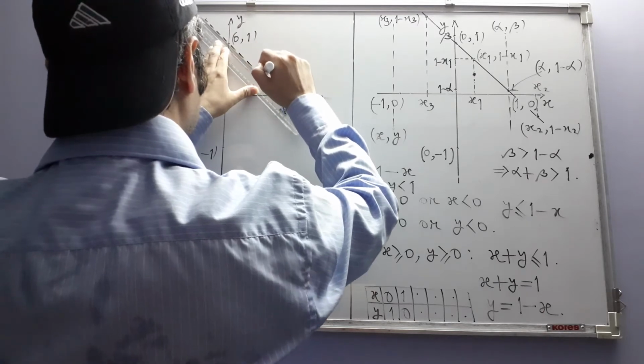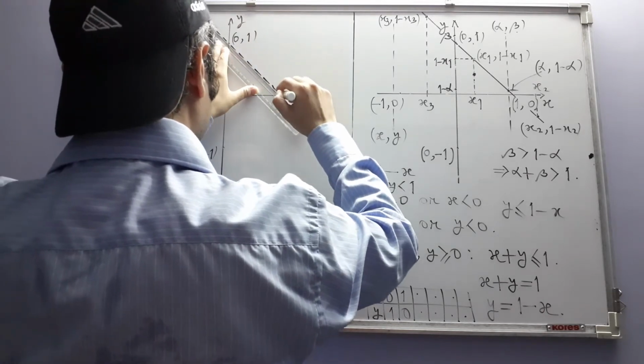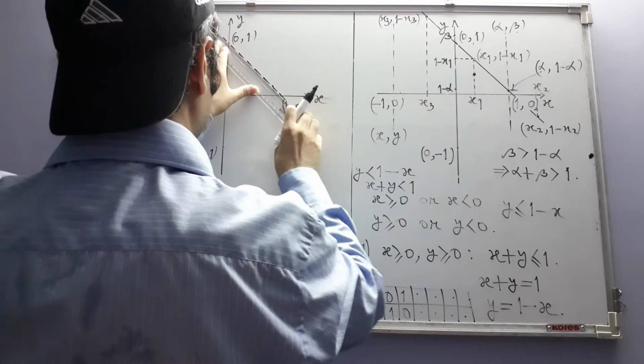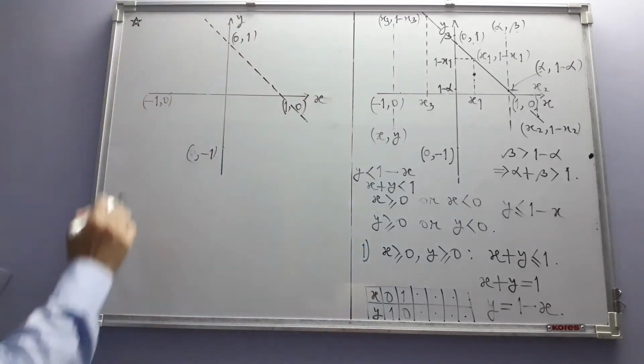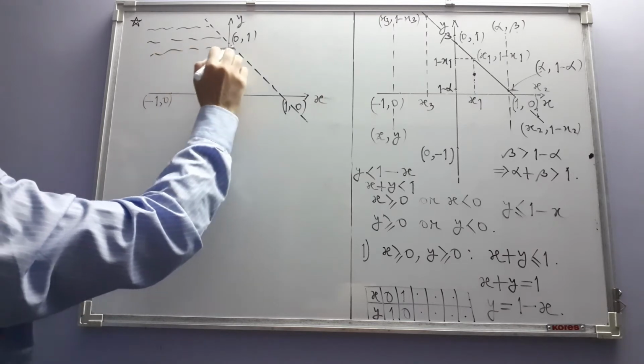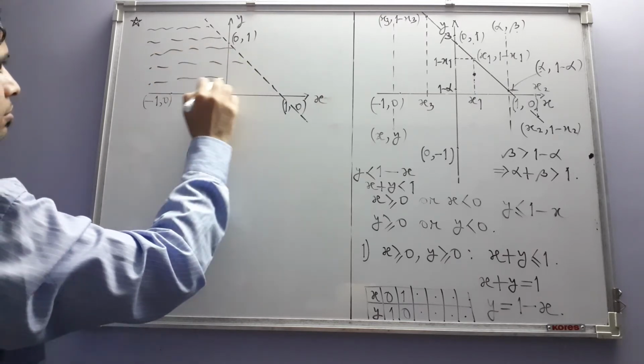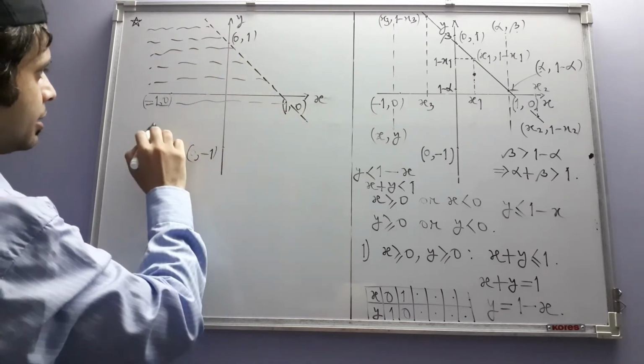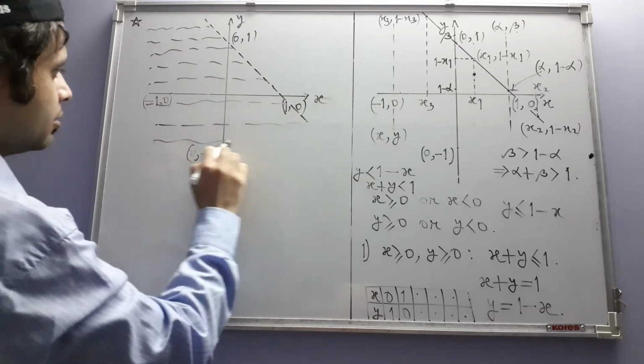I am using a dashed line because this is not the graph, the region that lies here below this line and also on the line.